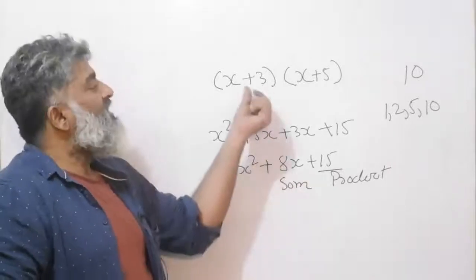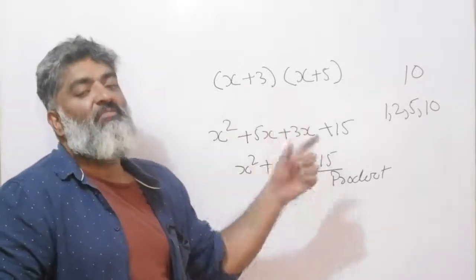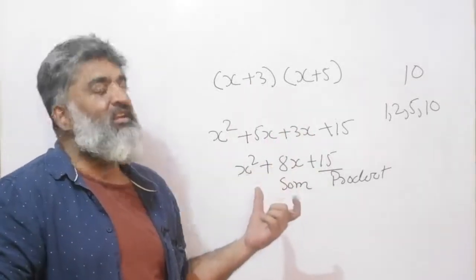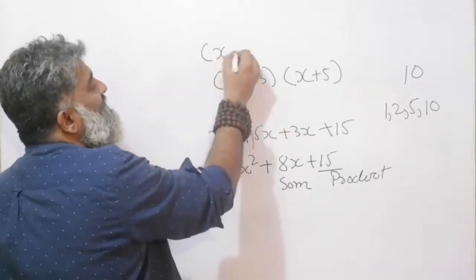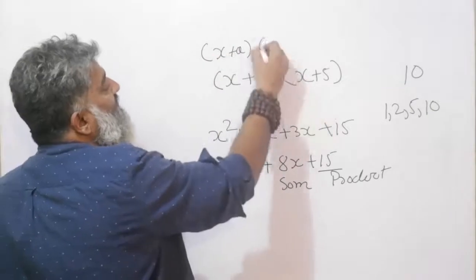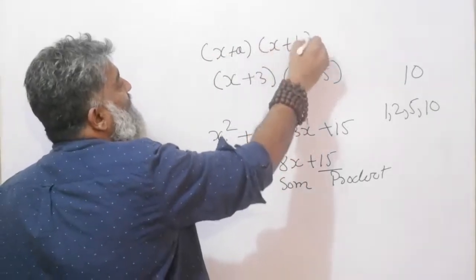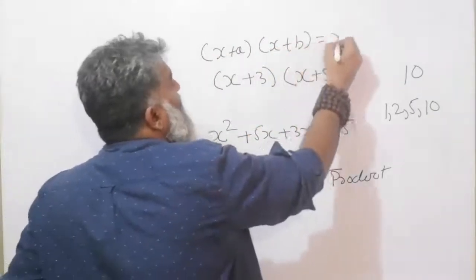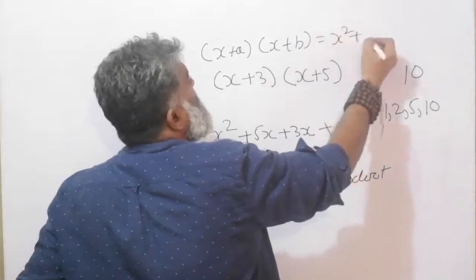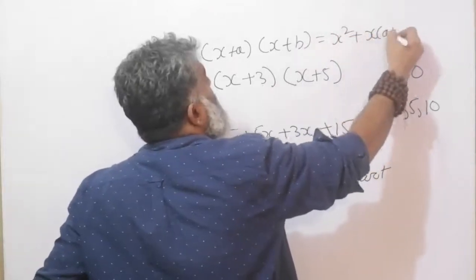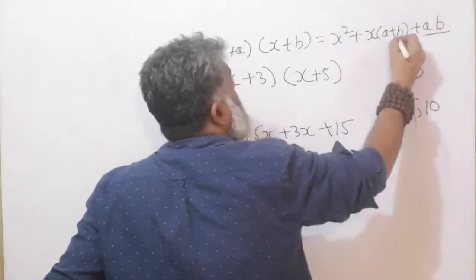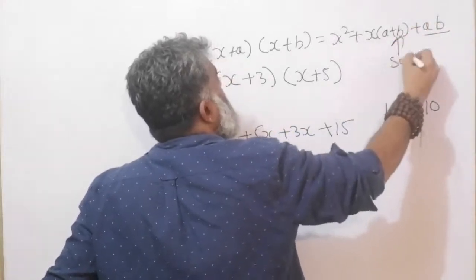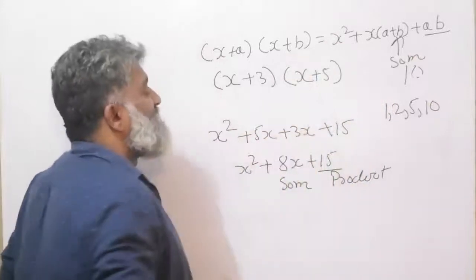Take your time, change these numbers a couple of times, make sure that idea is very, very clear to you. If I go for the general form, if I say, okay, instead of 3 and 5, let me write x plus a into x plus b, and I get x square plus x into a plus b plus a into b. So the product, the sum, and this is the expansion, right?